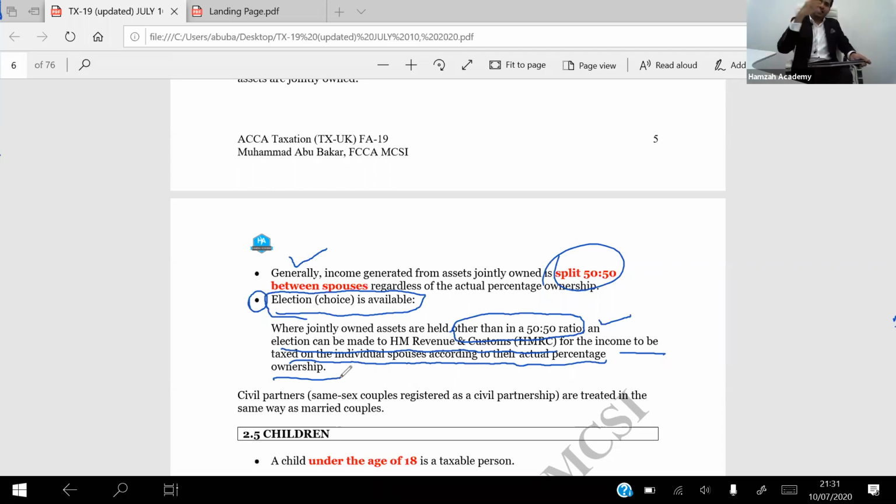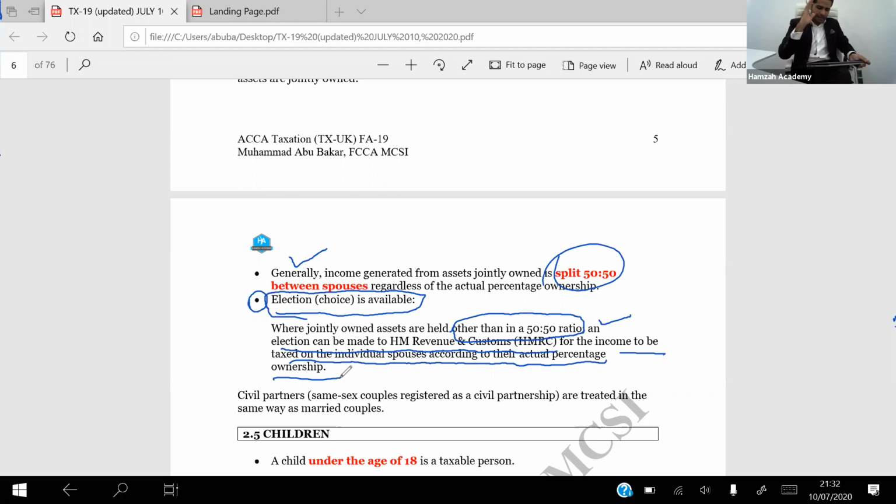Or if this investment is bringing annual income of £2,000, and we told HMRC the investment is owned 80% by her, 20% by me, I will have 400, she will have £1,600 in her statement as income.